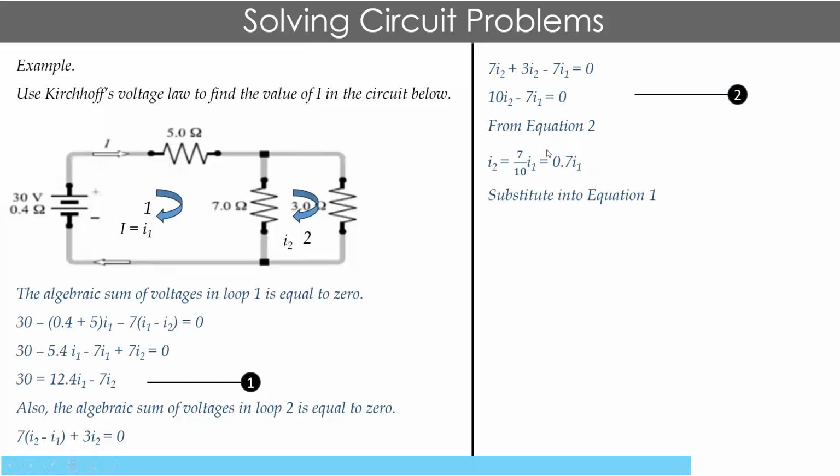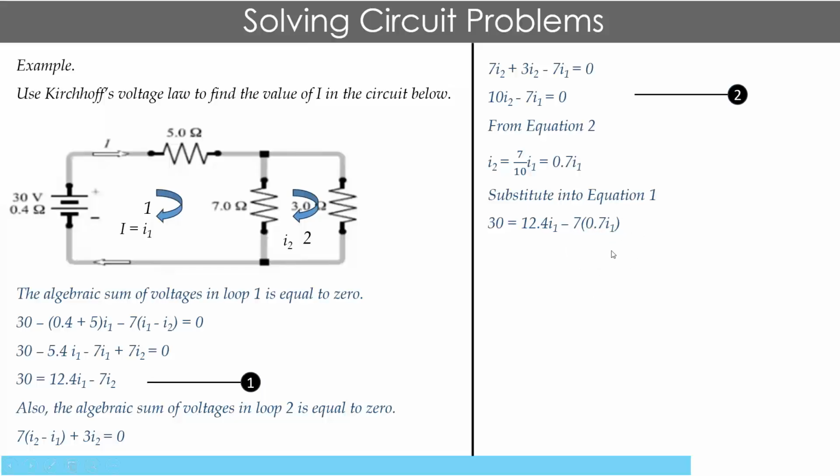So it will be that 30 is equal to 12.4 I1 minus 7 into bracket 0.7 I1.